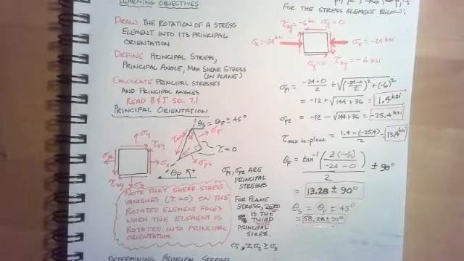So let's start with talking about what we're doing with stress transformation in general and what it means for an element to be in a principal orientation. Remember back in lesson 16, when we talked about combined stresses, we had chosen a natural X, Y, Z coordinate system, and we drew stress elements on the X, Y, and Z faces.